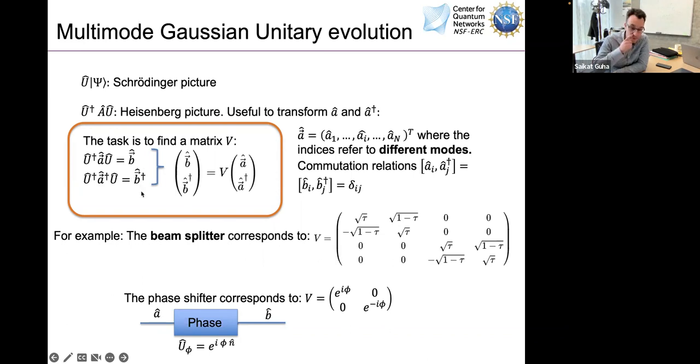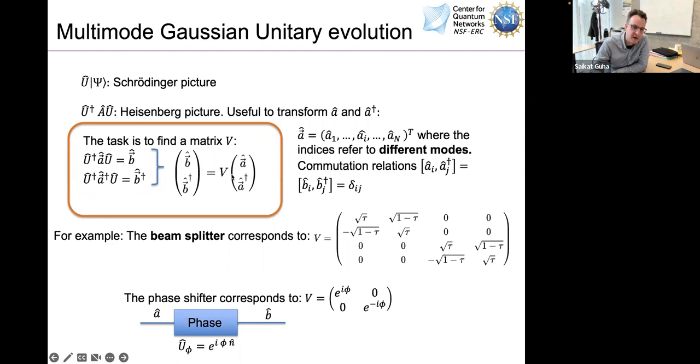So the end task of the math, and the initial point for most informational tasks, is to know what this V looks like depending on the Schrödinger unitary you start with. I like to call this matrix, and it is a matrix, not an operator anymore, the matrix that tells you how to mix together all of the different A's, all of the different A daggers, and combinations thereof, so that you get the output.